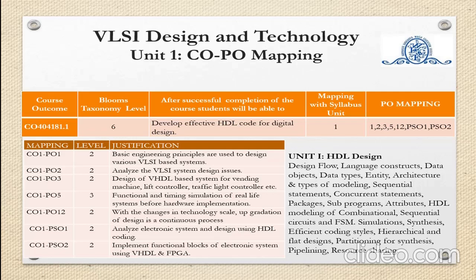This unit includes different subtopics such as design flow, language constructs, data objects, data types, entity, architecture, types of modeling, sequential statements, concurrent statements, packages, subprograms, attributes, HDL modeling of combinational sequential circuits and FSM, simulation, synthesis, efficient coding styles, hierarchical and flat designs, partitioning for synthesis, pipelining and resource sharing.